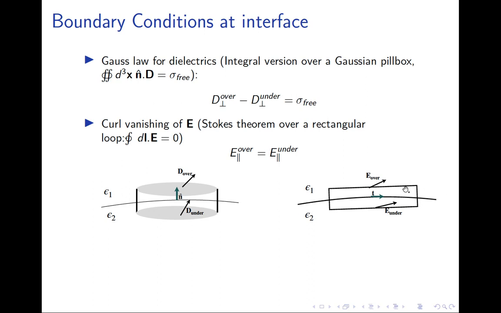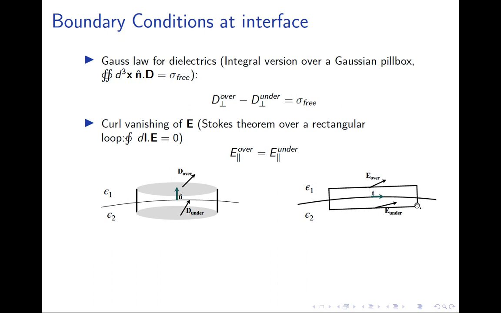We will consider a rectangular loop such that the two vertical edges of the loop approach 0, because we will take these line segments to approach the boundary, and in the limit any contribution from the sides will vanish, provided of course E remains finite, and we are assuming E is finite. So finite times the vanishing length will give you 0. Then the only non-vanishing contribution will come from the top and bottom segments.